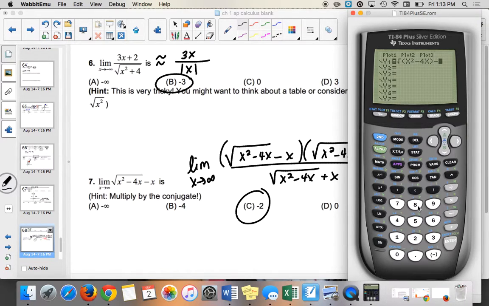All right, so let's say we put this into the calculator and we do our table. And then you try bigger and bigger numbers. So let's, oh gosh, second table set. Make it so it's ask. So you can plug in like 100, right? Negative 2.02, 1,000, right?